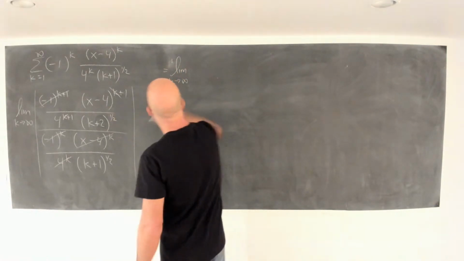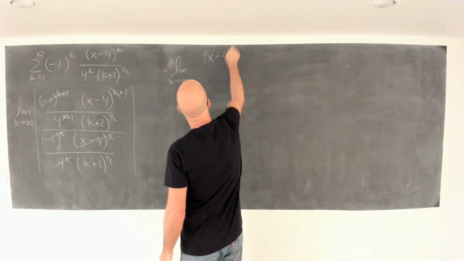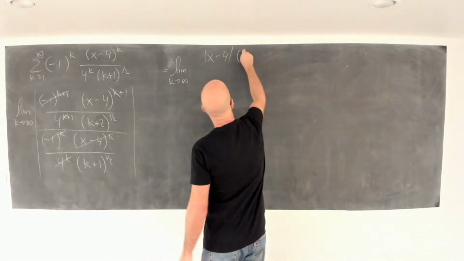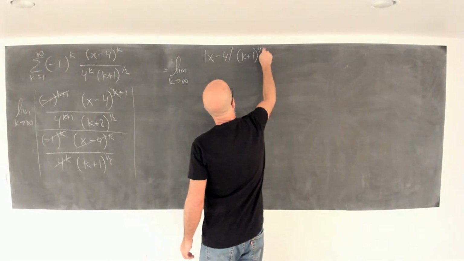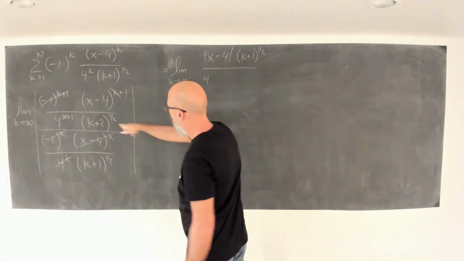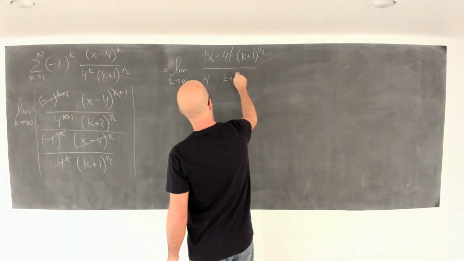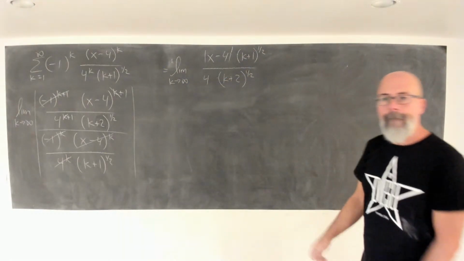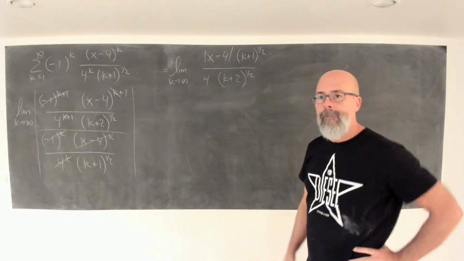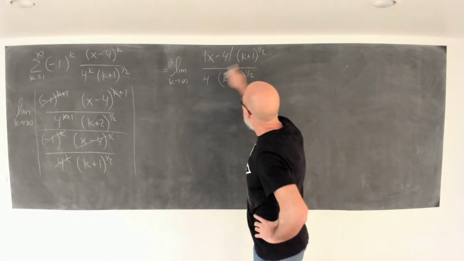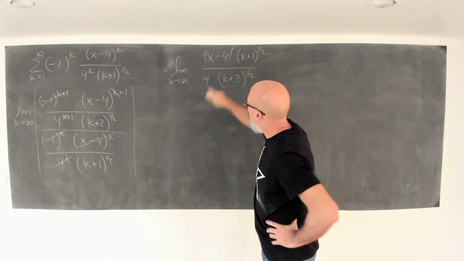what? We still have an x minus 4 on top, a k plus 1 to the 1/2, a 4 on the bottom, and a k plus 2 to the 1/2. This is constant. Pull out a k from here, pull out a k from there.